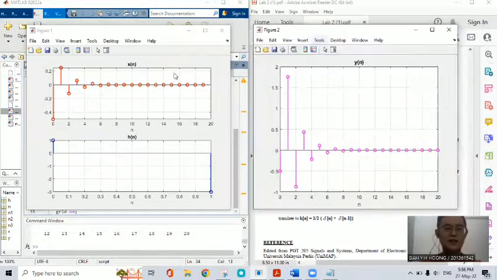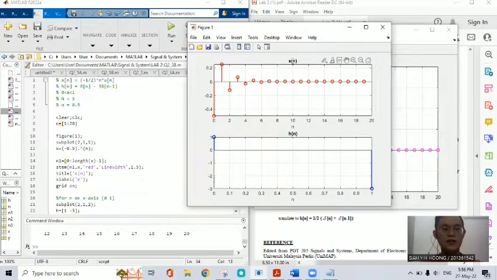As you can see, when x has this expression, it shows the result like this. Since our n has a range of 1 to 20, it will keep changing.